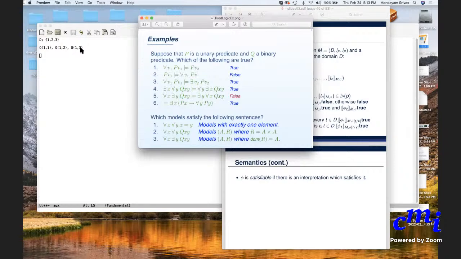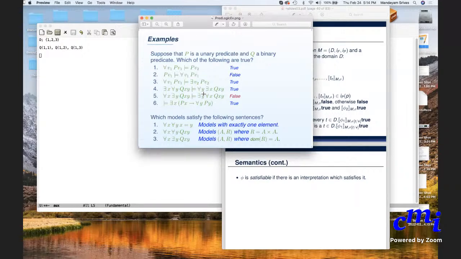That's actually true because that element 1 itself serves as that, isn't it? So here I'm looking at 4. It is saying for every Y in the domain, which is 1, 2, 3, it's asking if there is an X such that QXY is true.